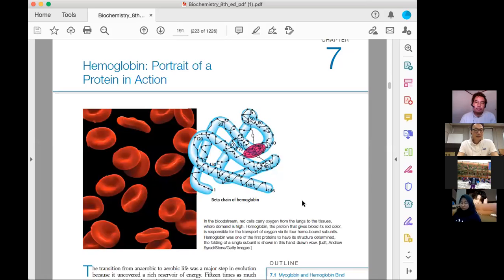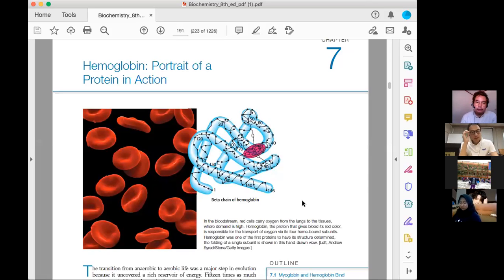The peripheral tissues in your body are consuming oxygen, and therefore they have much less oxygen concentration compared to the lung. Okay, is that clear? Very good.